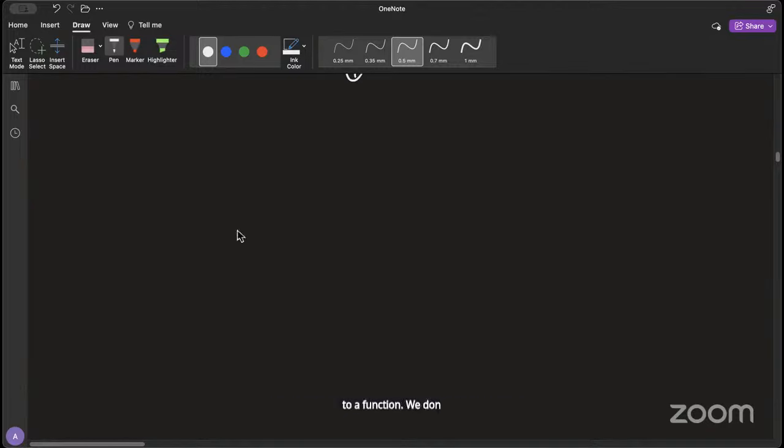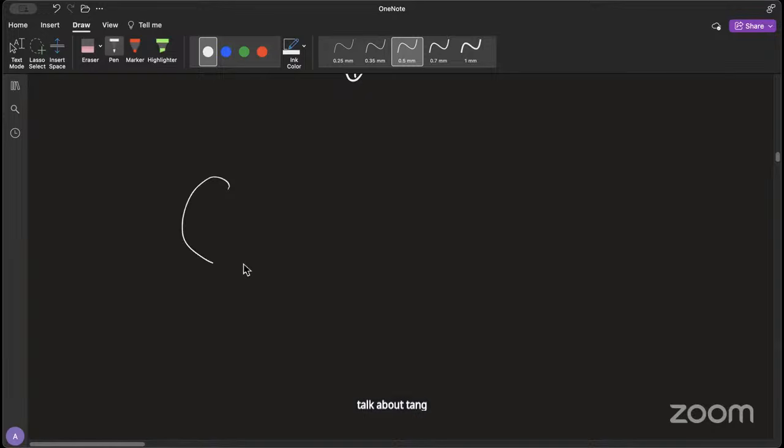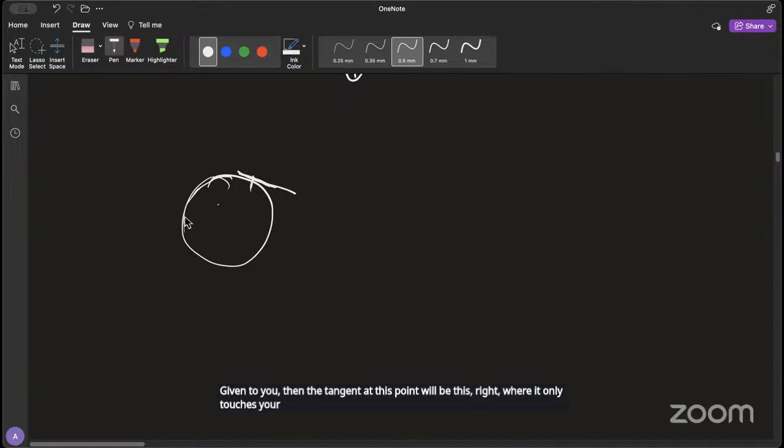Although this is not a part of your syllabus, tangents are typically discussed in two manners. One is where you talk about tangents and secants, where you say that if this is a curve, or something given to you, then the tangent at this point will be this, where it only touches the given thing at one point. That's one way to define a tangent.